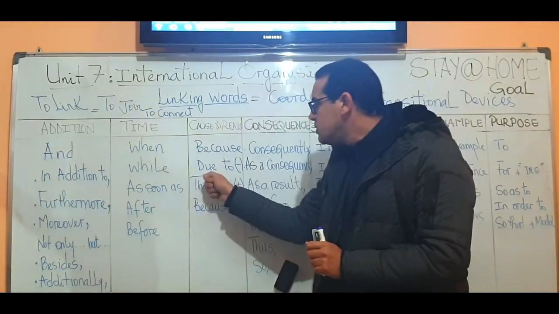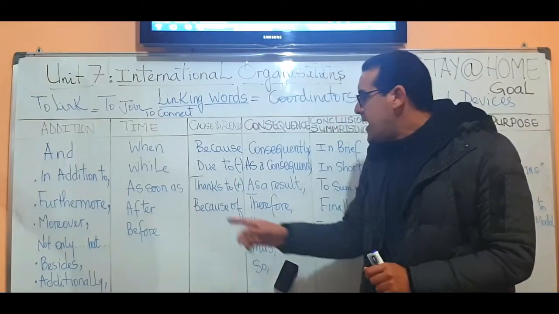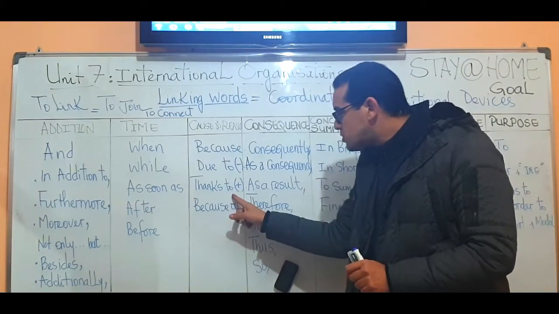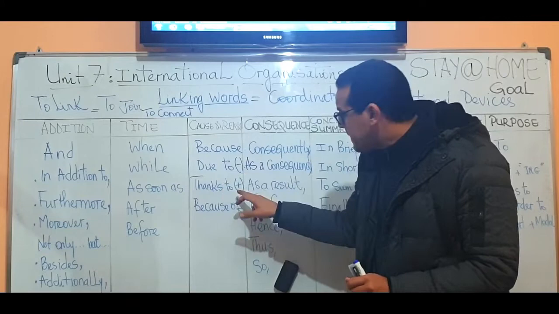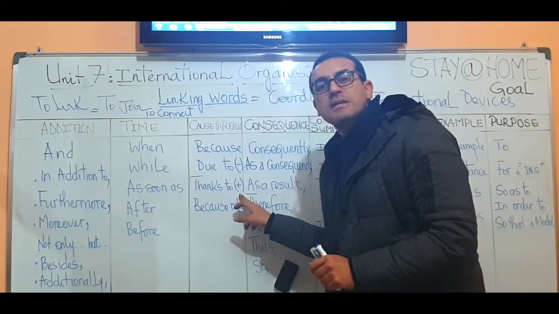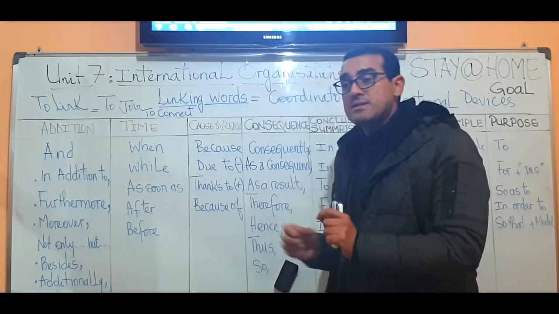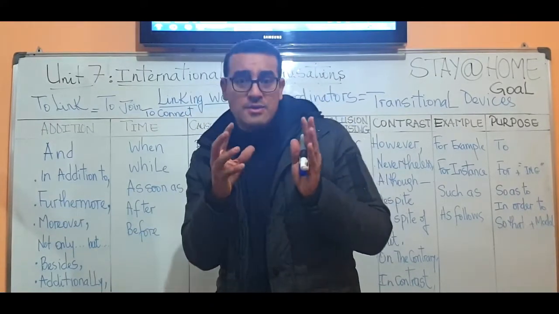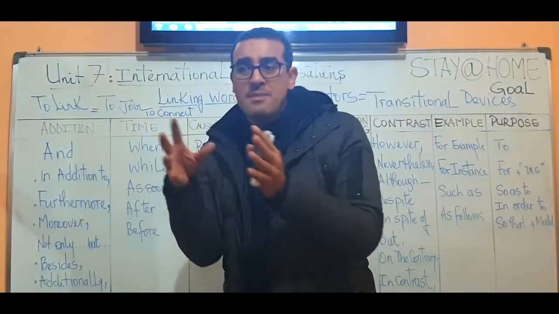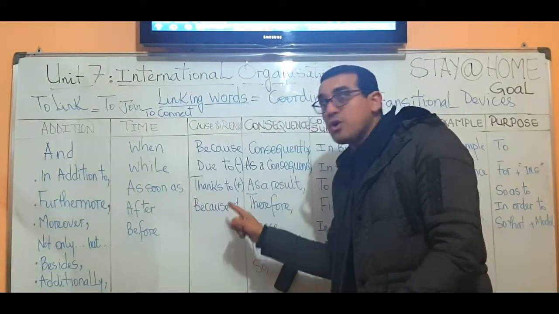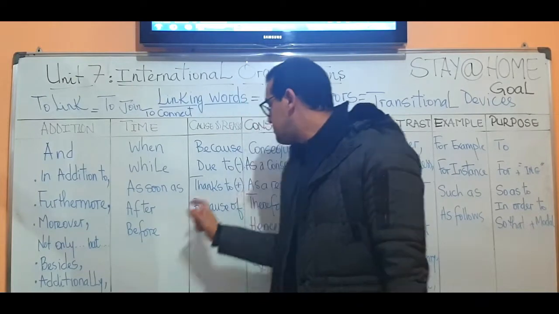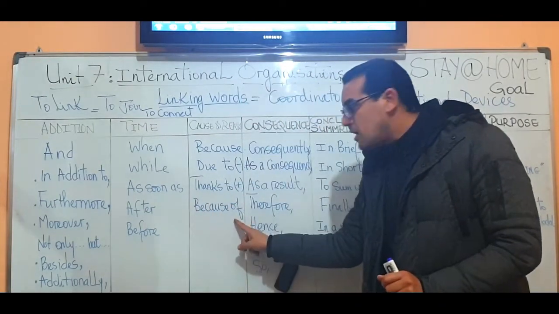So here we have due to when it's positive, and we have thanks to. Thanks to, it has the same function, but here when we have positive situations. For example, we can say that Maria has got a good mark in mathematics thanks to her hard work. Thanks to, it's positive.